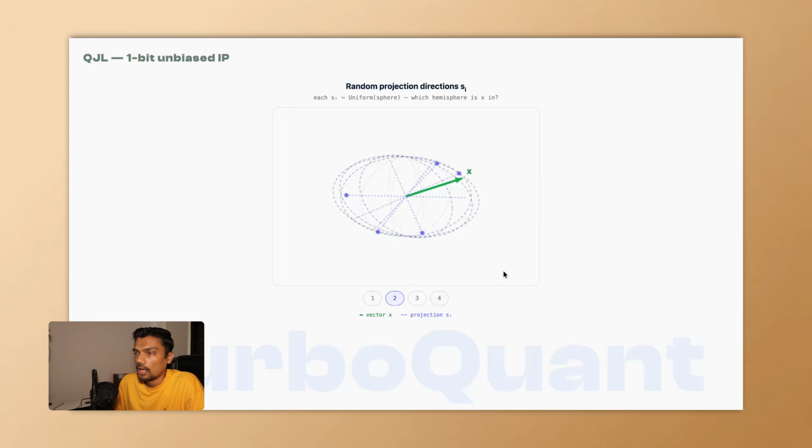Why does this work? The key is the relationship between the sign of a Gaussian product and the angle between vectors. If s_i is a random Gaussian vector, then the expectation of sign of s_i dot x multiplied by s_i dot y will be equal to square root of 2 divided by pi multiplied by the inner product of x and y.